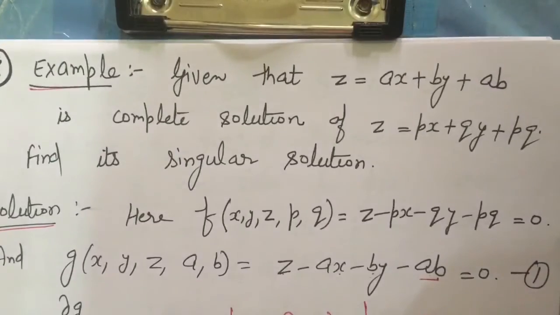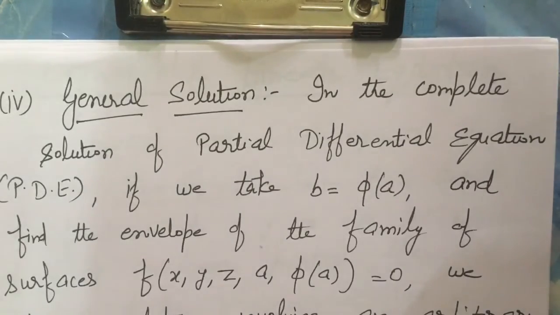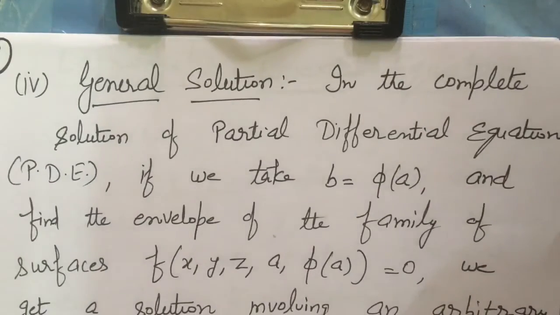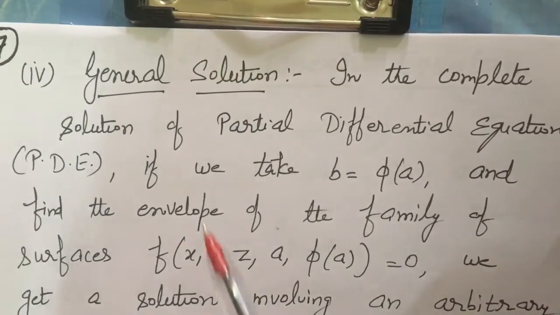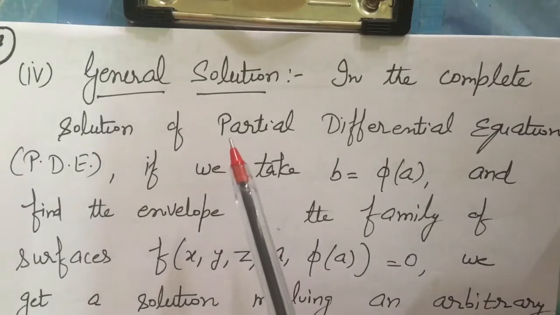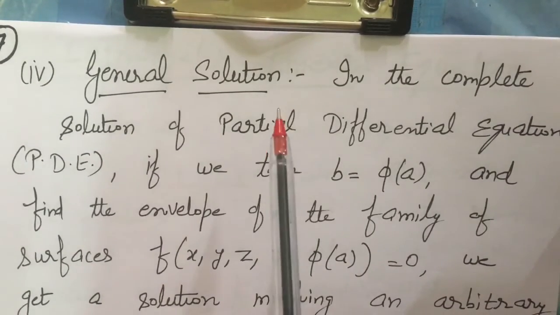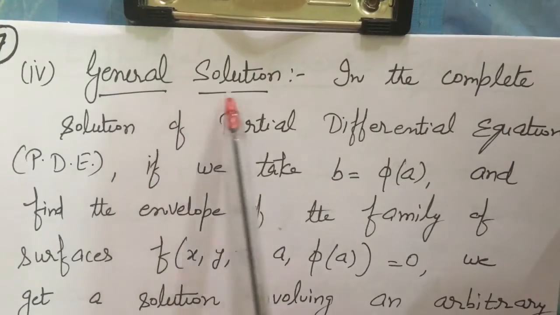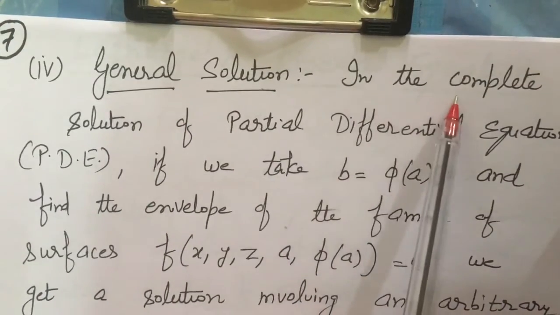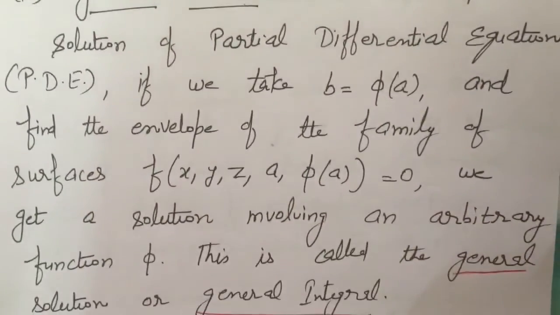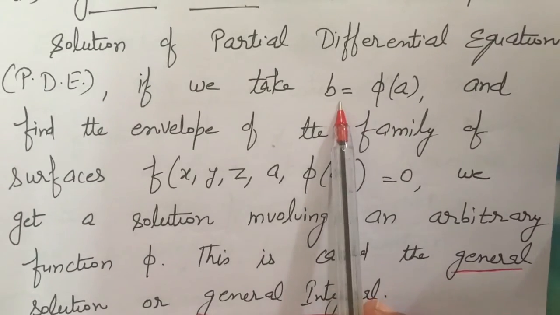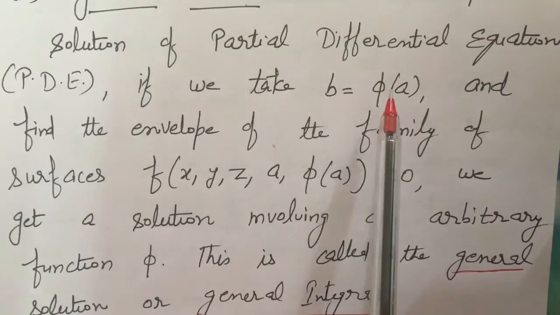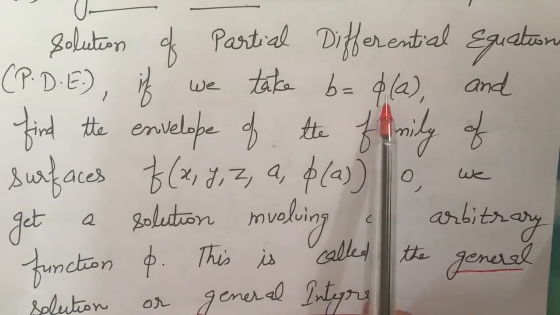The fourth type of solution is the general solution. There are 4 types of solution of a PDE. I have already discussed 3 types. First is the complete solution, second is the particular solution, third is the singular solution, and fourth is the general solution. In the complete solution of the PDE, we have 2 arbitrary constants.